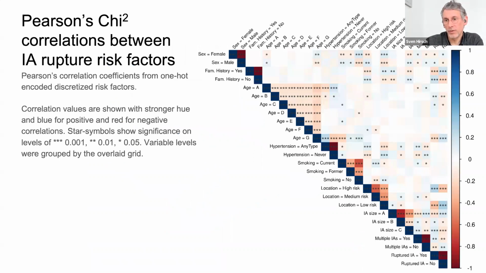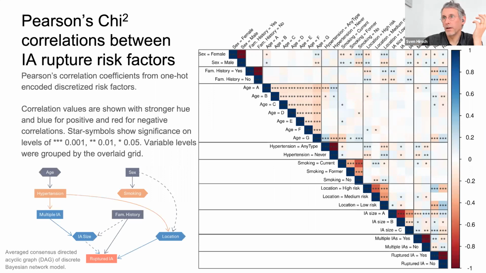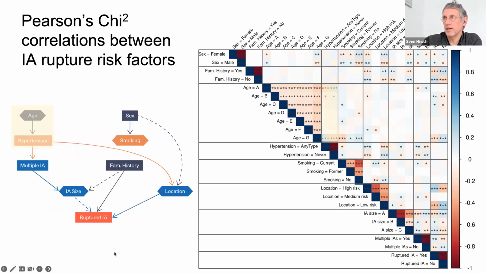To see whether that makes sense, you can look at the individual correlations, like chi-squared correlations between these risk factors. When you look at the correlation between age and rupture, you can't see a direct correlation, but you can step through it.